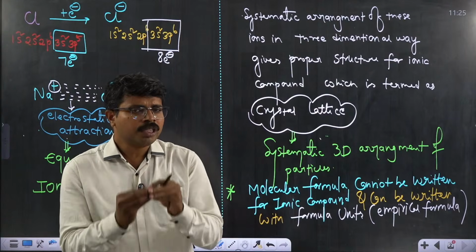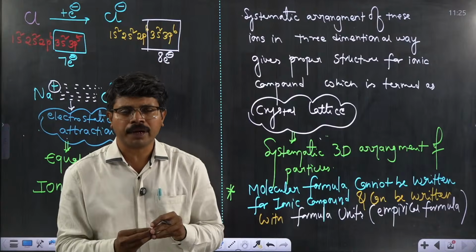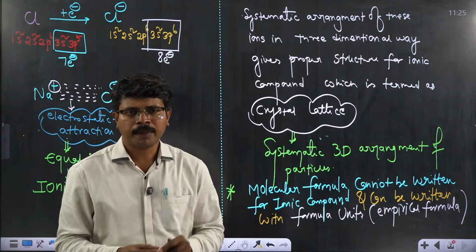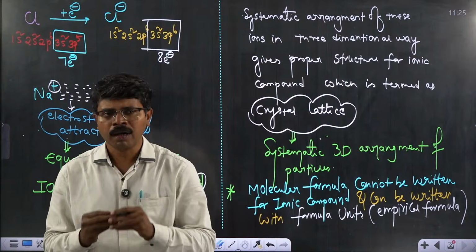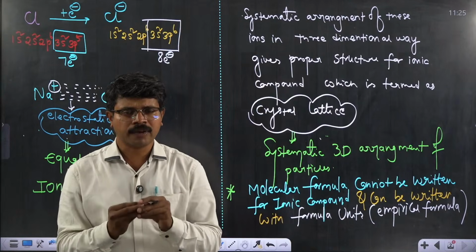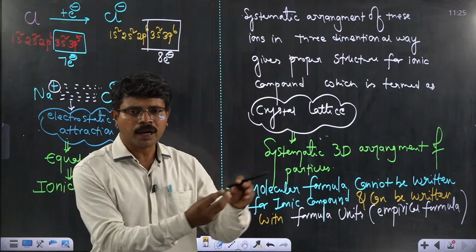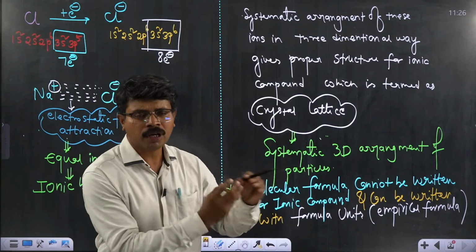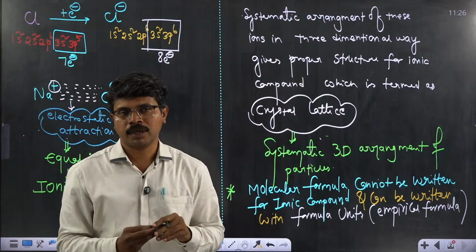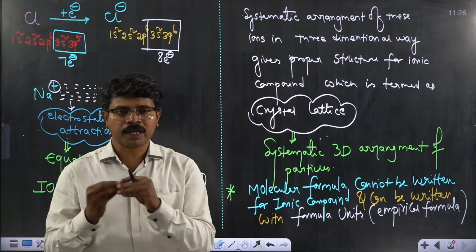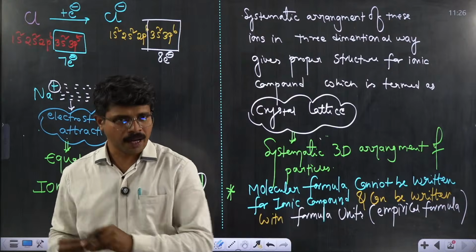The simplest unit of a covalently bonded compound is referred to as molecule, but the simplest unit of ionic compound can be referred to as formula unit. That is the reason why for covalently bonded compounds we refer to molecular mass, as I explained under mole concept, and for ionic compounds we refer to the mass as formula mass.